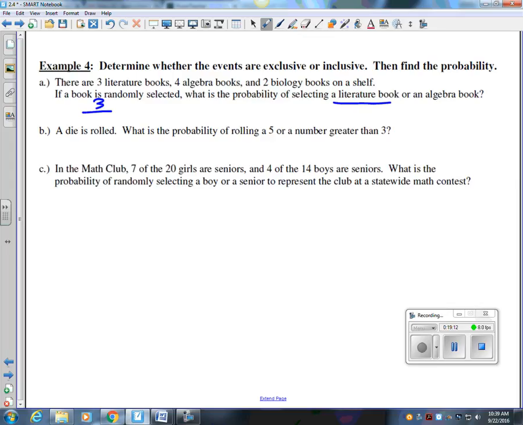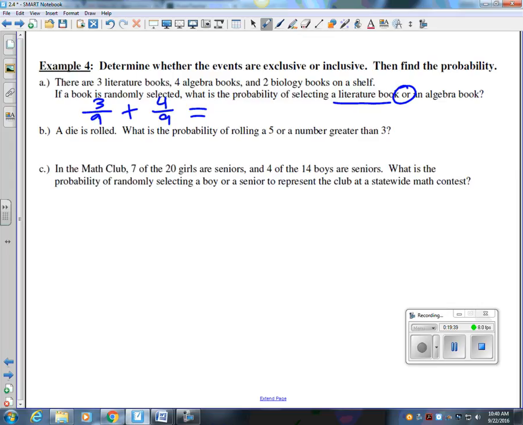Out of 9. Very good. Olivia, what does OR mean to do? Add. And Olivia, what's the probability of getting an algebra book? 4 over 9. Anytime it says OR, you have to ask yourself, can it be a literature and an algebra book at the same time? No. Okay?